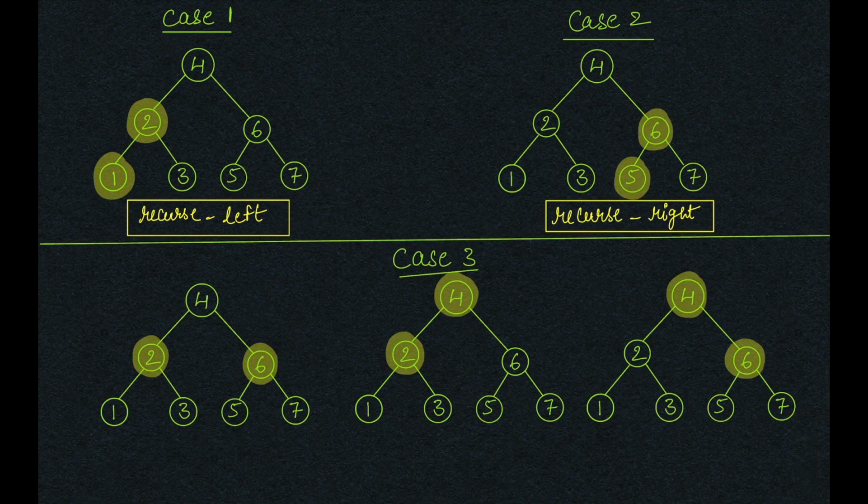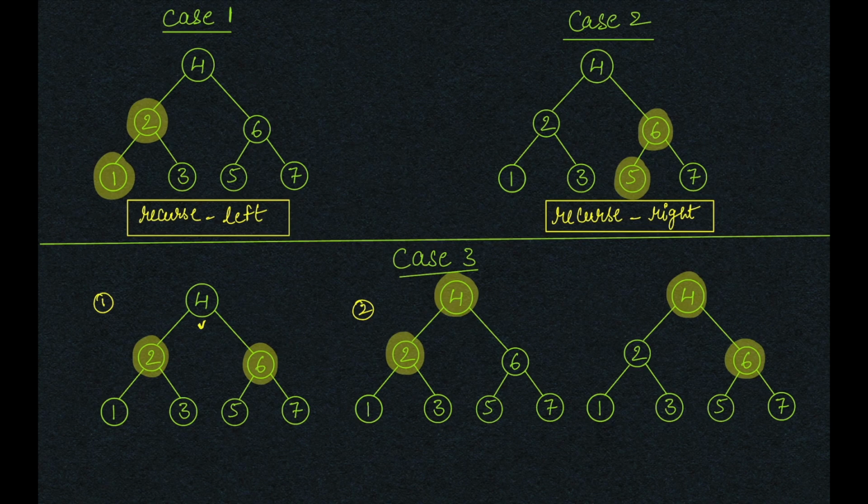Let's look at case 3. There are 3 scenarios in case 3. In the first one, the value of P and Q is 2 and 6. In this case, our output is going to be 4. This is the lowest common ancestor. And let's look at the example 2. So the value of P and Q is going to be 4 and 2.